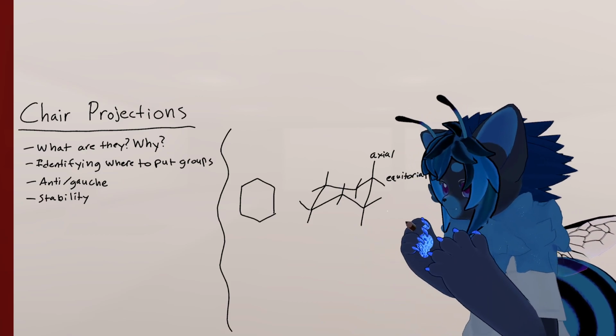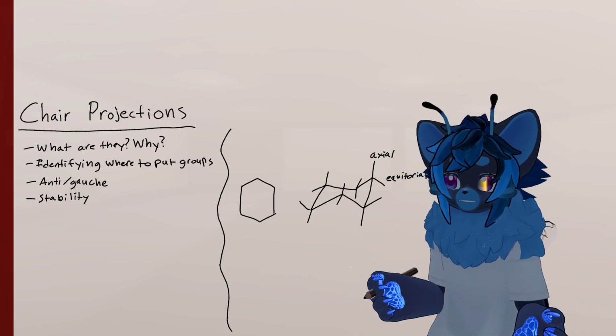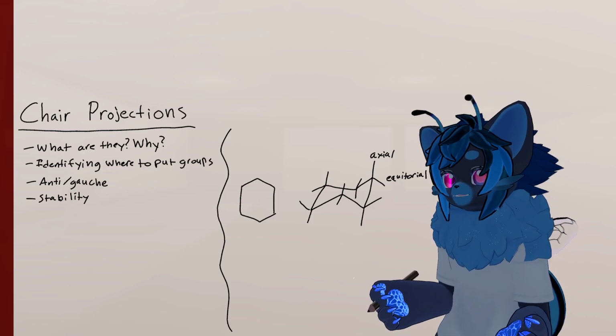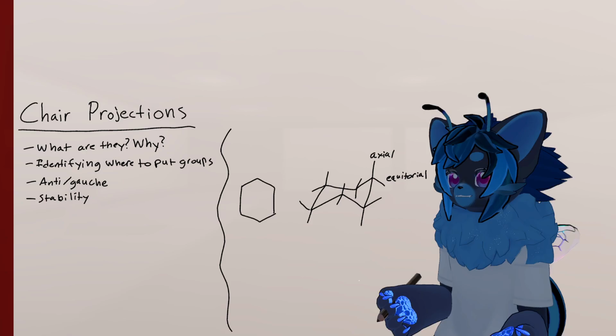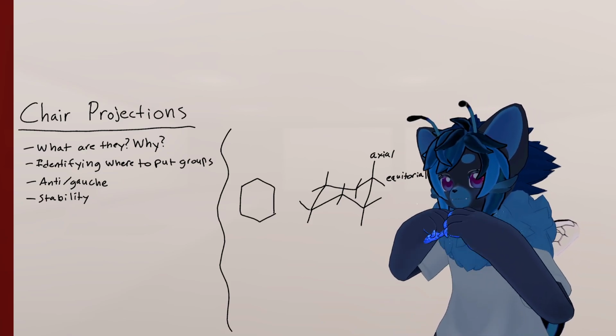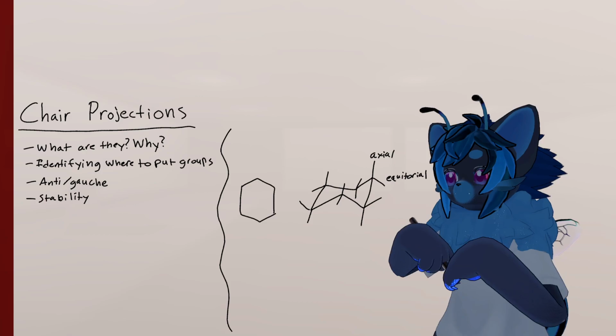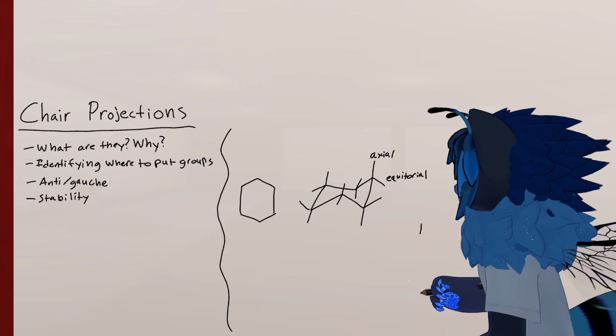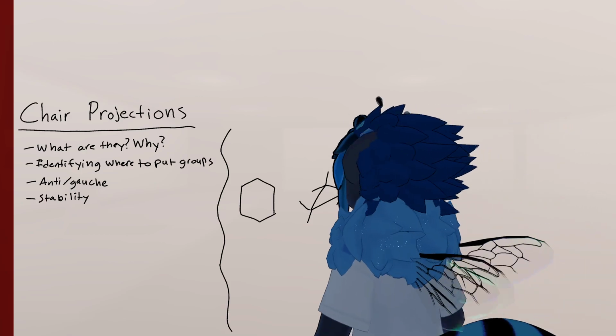Now, they are in 3D space and molecules don't sit still. There is a chance, and actually they do this thousands of times per second, that they flip. They'll flip between their two chair conformations. So how do we draw the chair flip?